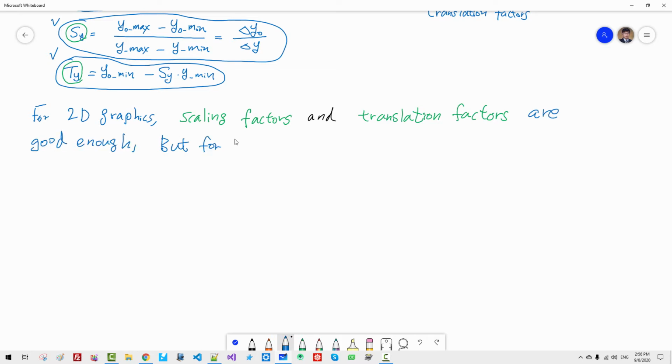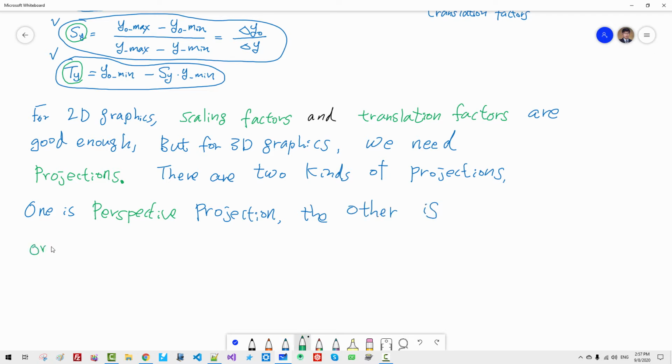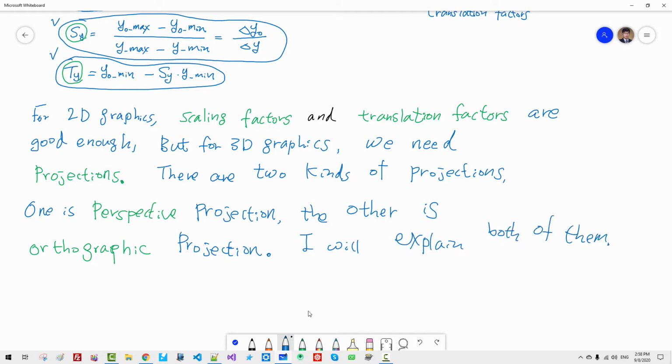But for 3D graphics, we need projections. There are two kinds of projections. One is perspective projection. The other is orthographic projection. I will explain both of them.